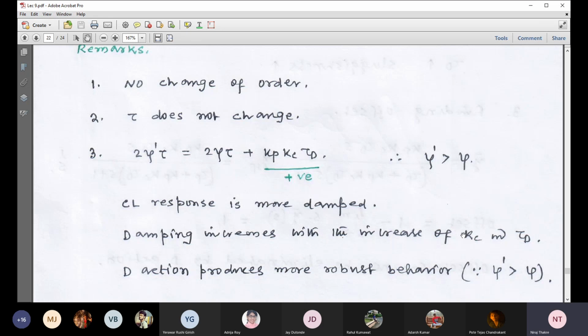Proportional and integral action lead to 2 steps forward, but derivative action leads to 1 step backward. So it's a very conservative control action, and therefore it provides robust behavior.